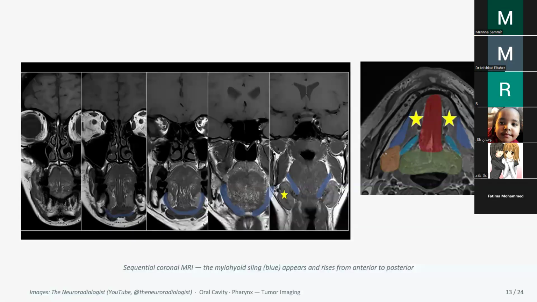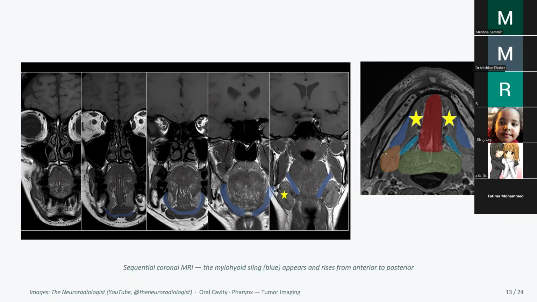So let's follow the mylohyoid, that muscle in blue, across these consecutive coronal slices from front to back. And we have to notice here the free edge of the mylohyoid muscle. In the axial view of the MRI on the right, we can see that the free edge of the mylohyoid connects the two spaces.